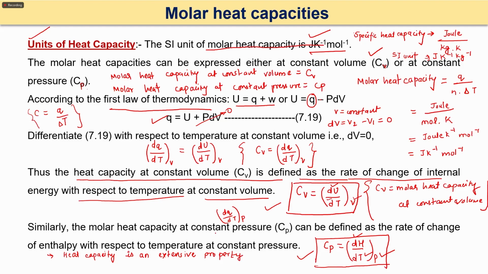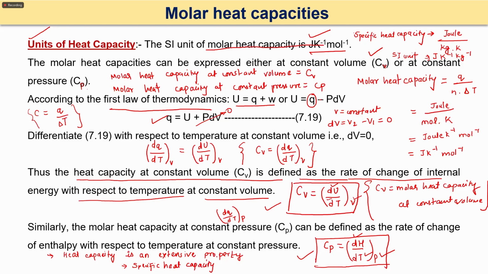But if we are taking specific heat capacity, now we are defining the mass. So if we are defining the mass, then it will become an intensive property. So specific heat capacity.